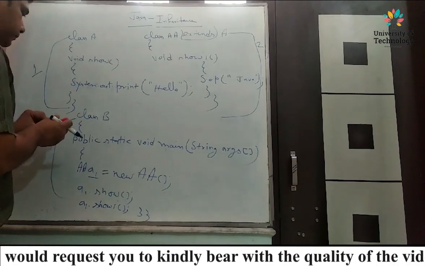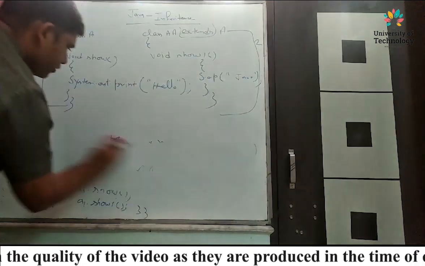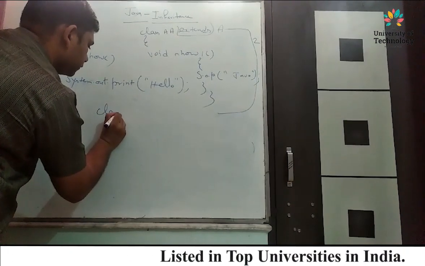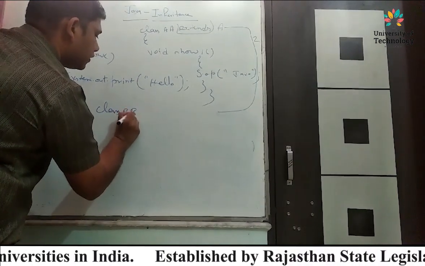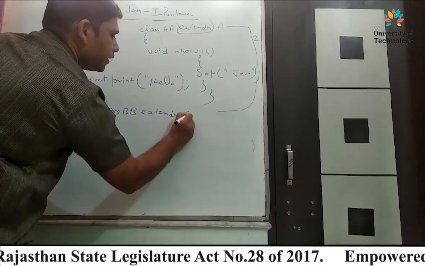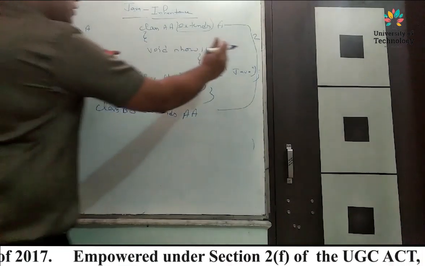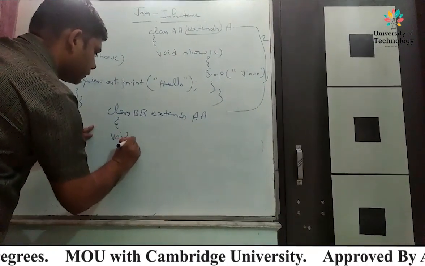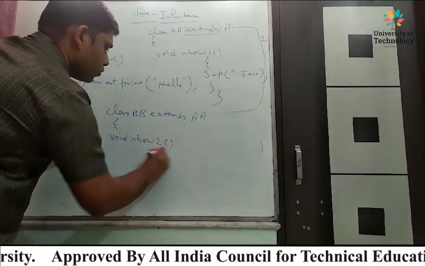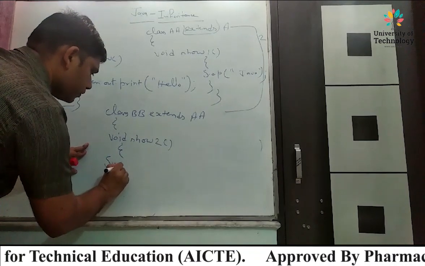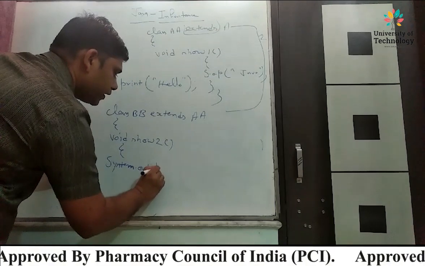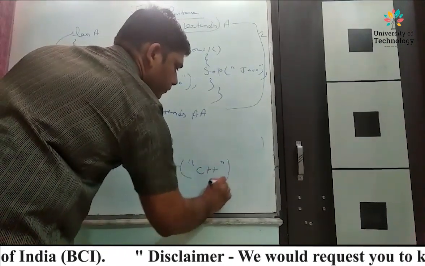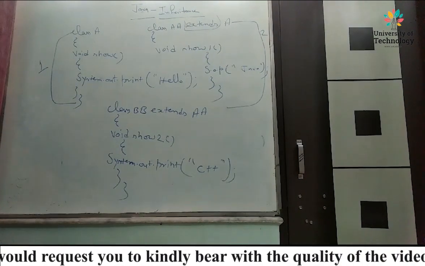So let us see. Class BB extends AA. This is class 1, this is class 2, and this is class 3. Void show2, system.out.print C++.